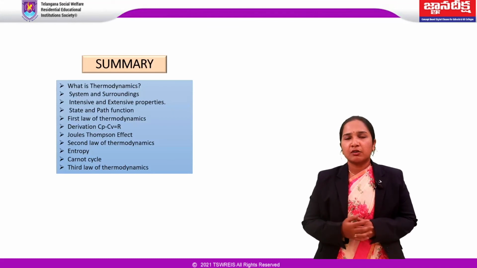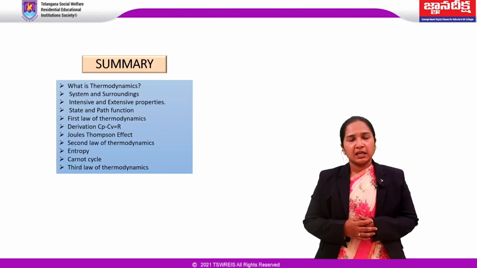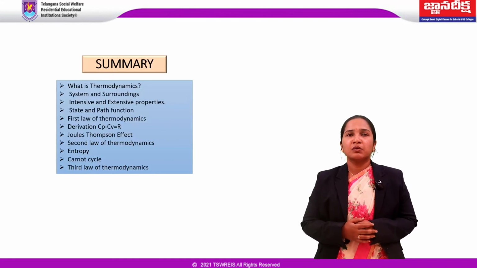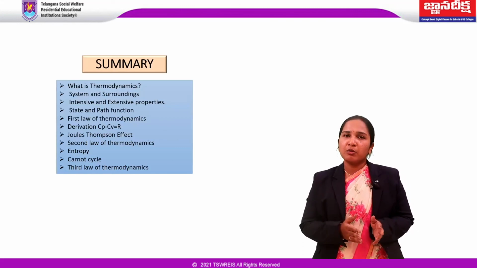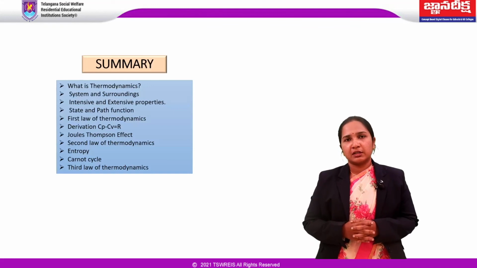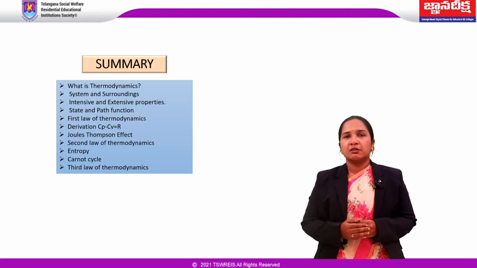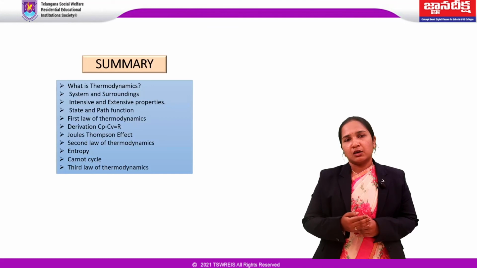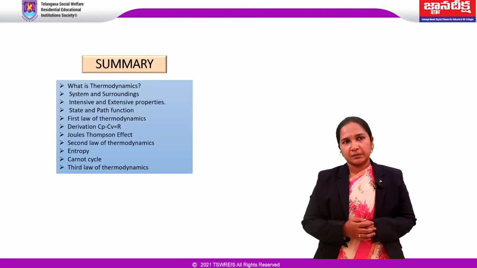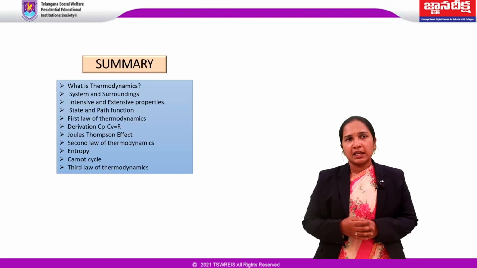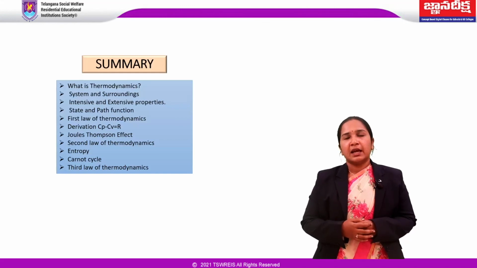According to the second law of thermodynamics, heat cannot move from a colder body to a hotter body. It is impossible for heat to move from a colder body to a hotter body. So that is the second law of thermodynamics. Next, we have seen entropy.